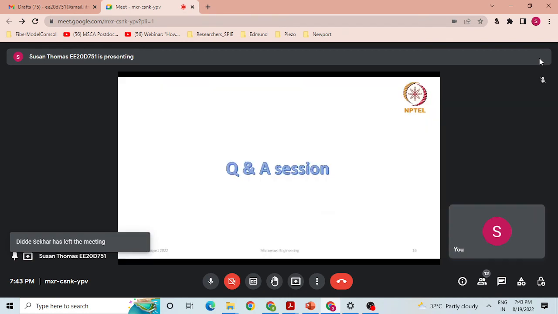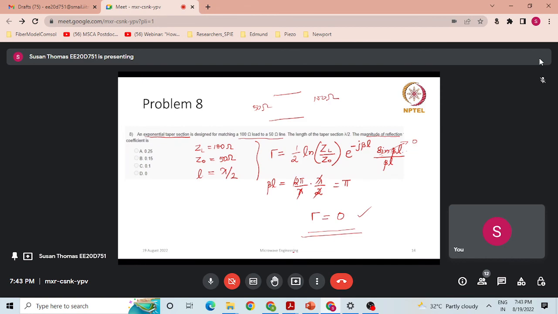I was just wondering, in the tapered section question, is there a way to just guess that the reflection coefficient would be 0 just by looking at the numbers? Because it's a half wavelength, and the two impedances are just double of each other.